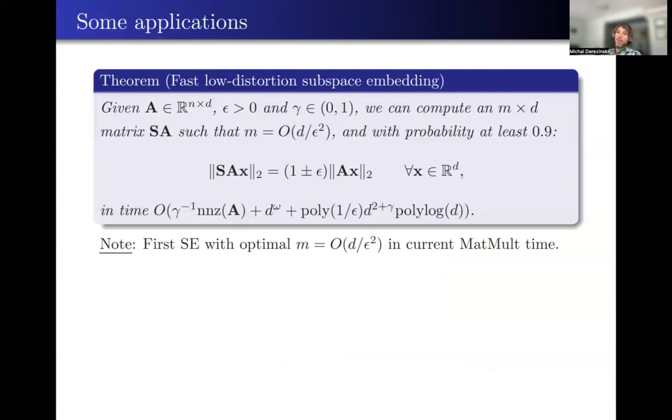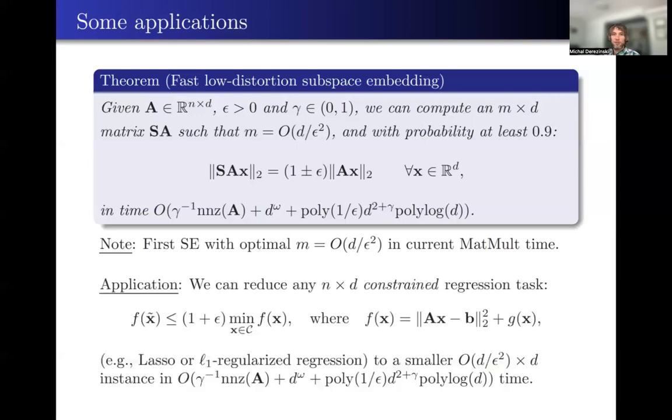And so again, with a little bit of extra work, including approximating the leverage scores and so forth, we can actually turn this into a fast, low distortion subspace embedding, no longer oblivious, which basically says, given a particular matrix A, we can compute a sketch SA, where S is the subspace embedding up to distortion epsilon, and we have the optimal embedding dimension of the order d over epsilon squared, and we have the runtime that is essentially input sparsity plus d to the omega, so the current matrix multiplication time. And again, this is the first low distortion subspace embedding to achieve that.